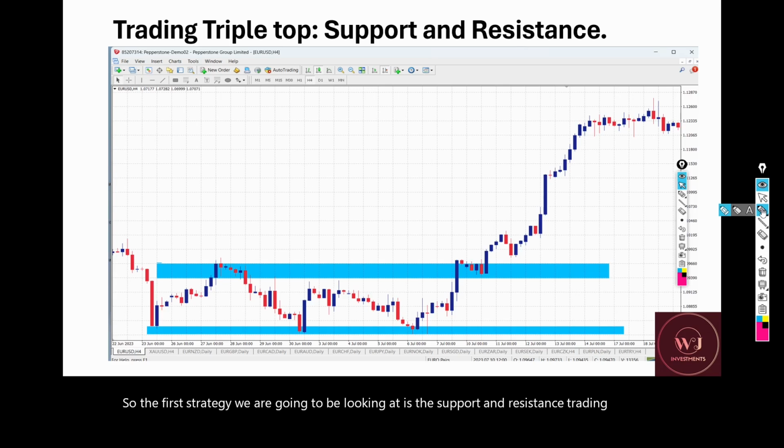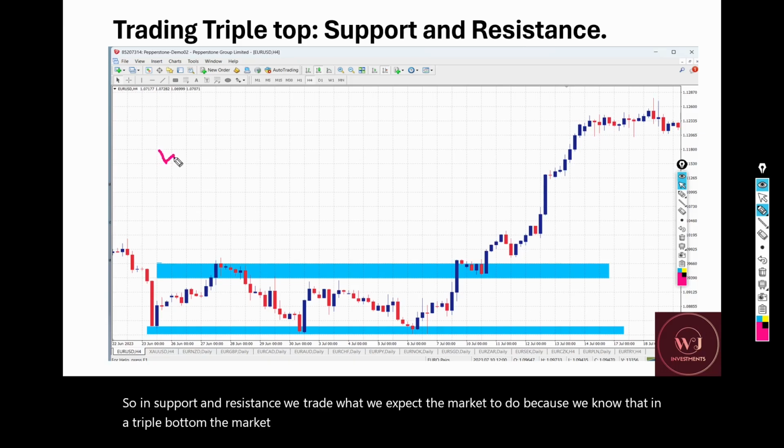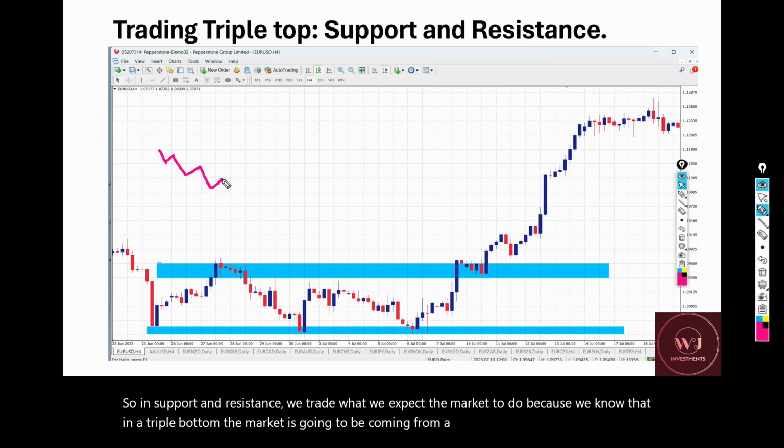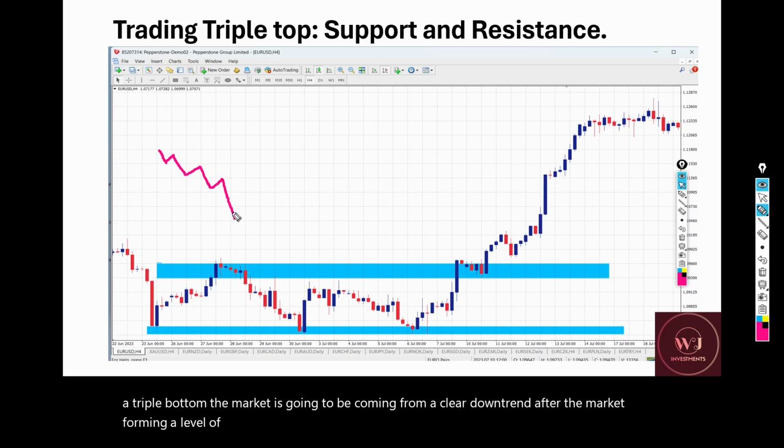In support and resistance, we trade what we expect the market to do. In a triple bottom, the market is going to be coming from a clear downtrend, forming a level of support that it fails to break, and it's supposed to come and retest this previous level of support.